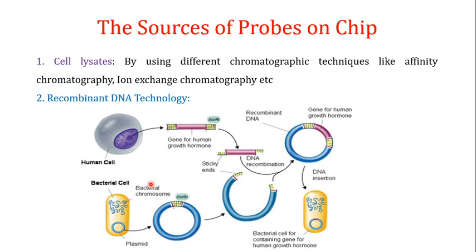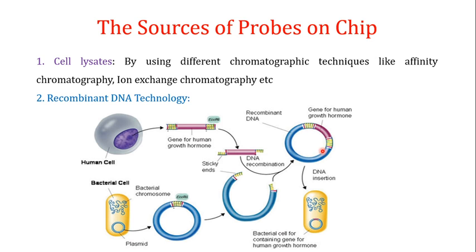On the other hand, you take the plasmids from the bacterial cell and cut them with the restriction enzymes. Then you insert this gene of interest into this plasmid.